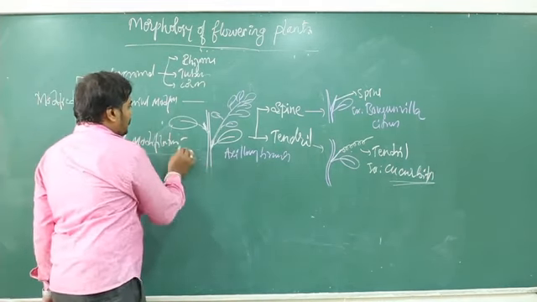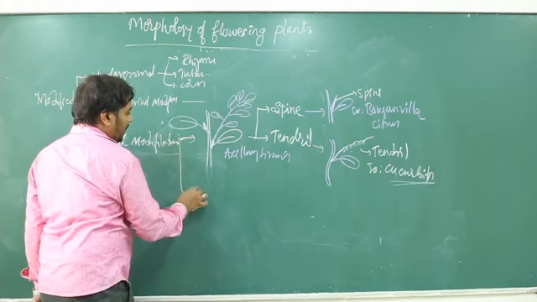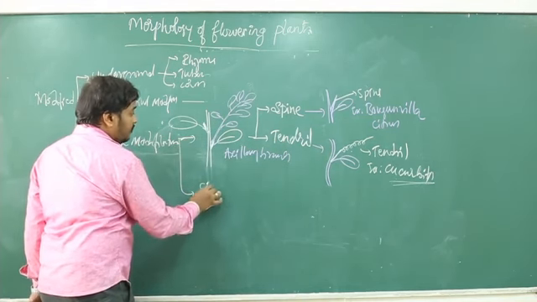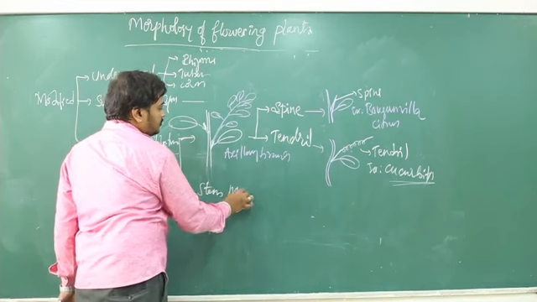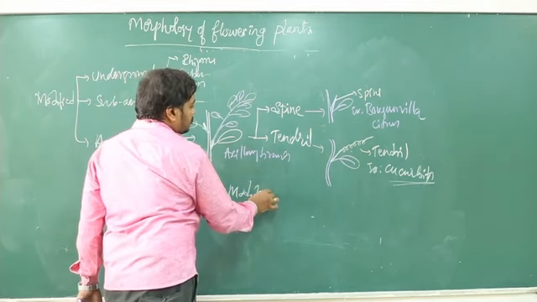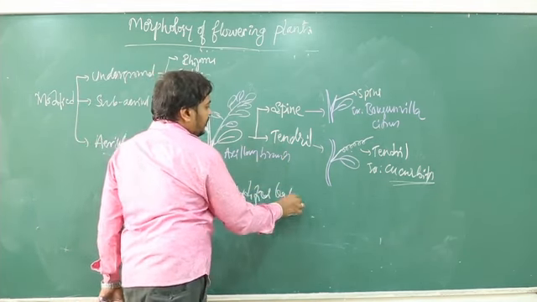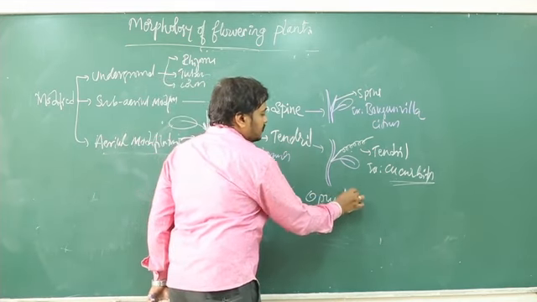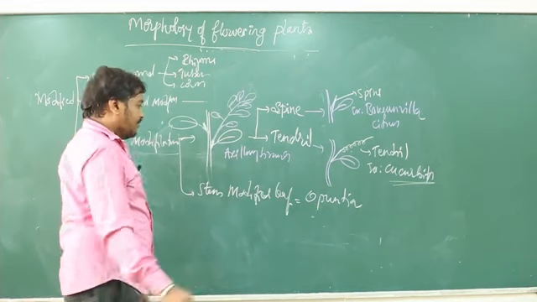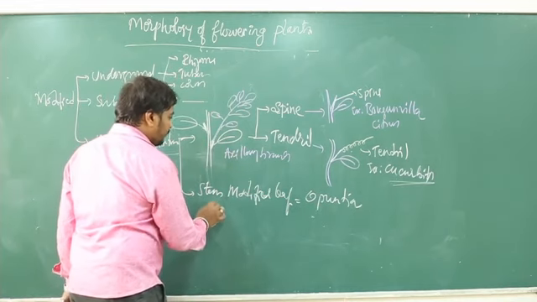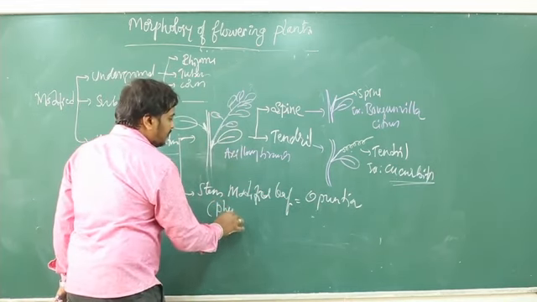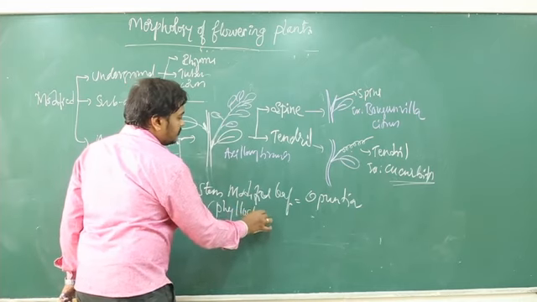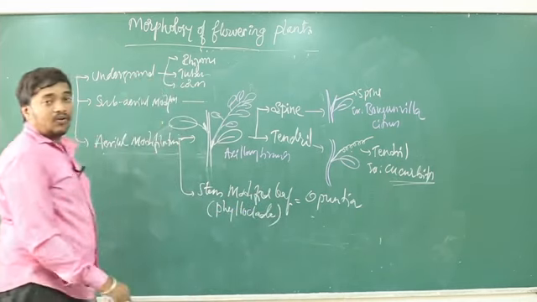So sometimes the whole plant, the stem is modified into leaf, ಸ್ಟೆಮ್ ಮೇಲೆ modify ಆಗಿ leaf ಆಗುತ್ತೆ. So it is in case of opuntia. Okay, the modification type where stem is modified into leaf is called phylloclade. ಅದನ್ನು phylloclade ಅಂತ ಹೇಳ್ತೀವಿ.